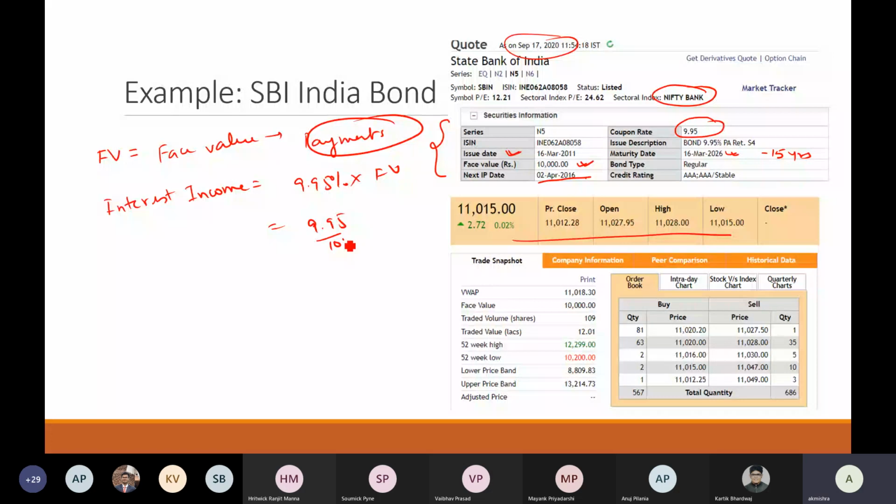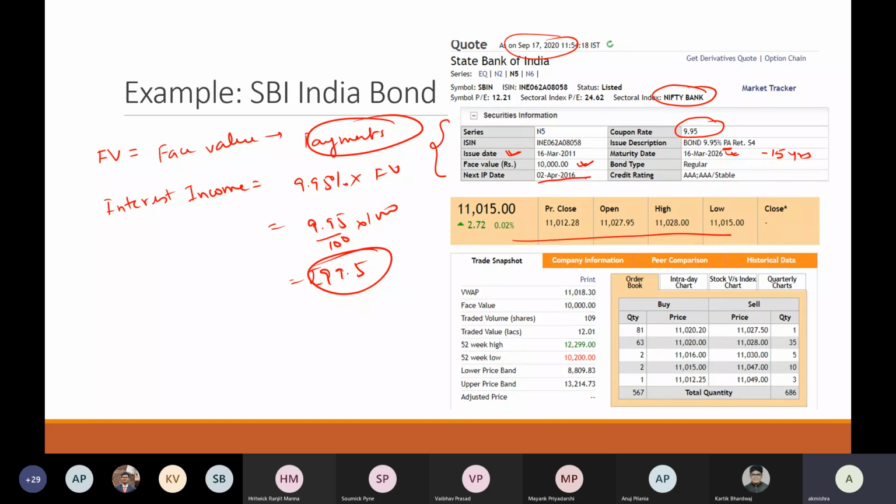So if you are holding one bond, based on the type of frequency, if payment is on an annual basis, then annually you will get 99.5 rupee as coupon income. Why? Because this is a debt instrument, and here you see payment is annual.